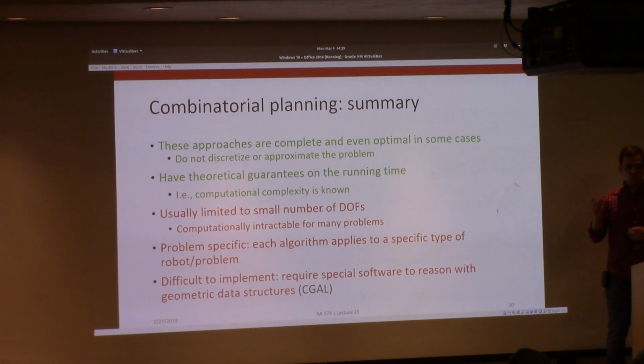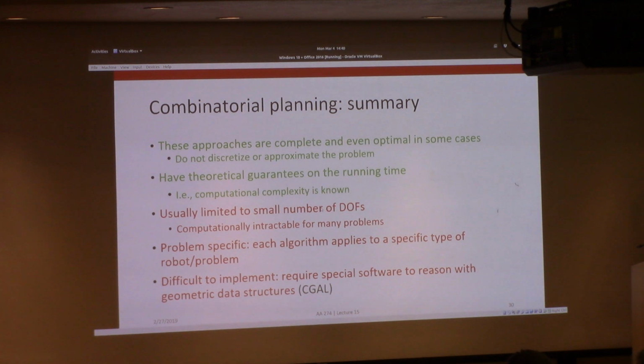In many cases, those combinatorial algorithms have guaranteed complexity bounds, meaning how many steps of the algorithm you need to run until you are guaranteed to find a solution if one exists. Okay? In many situations, you can also uncover the optimal solution for the problem with those combinatorial algorithms.